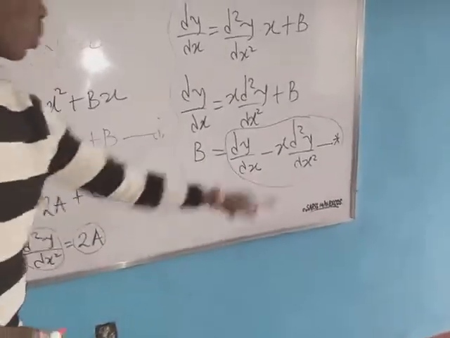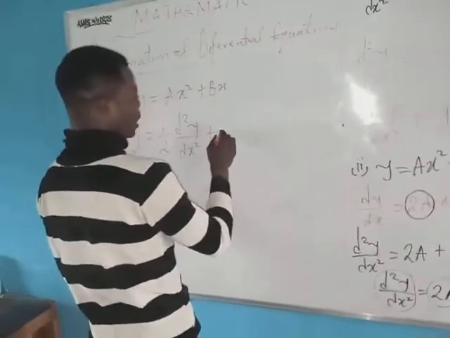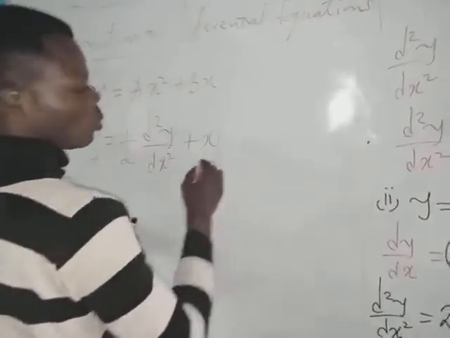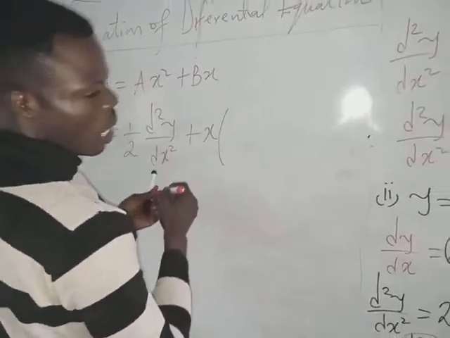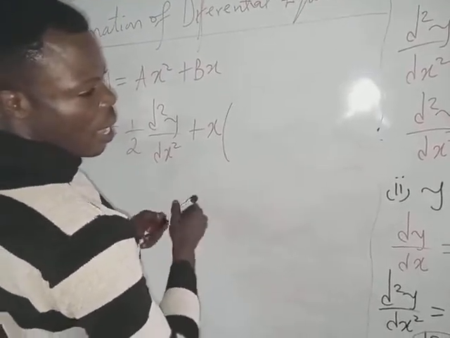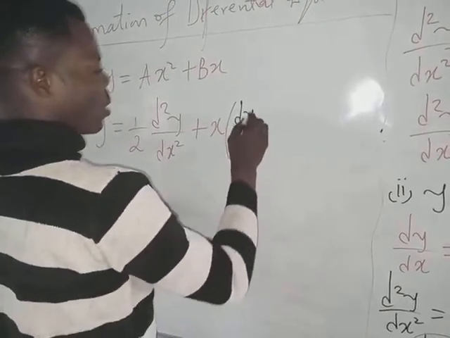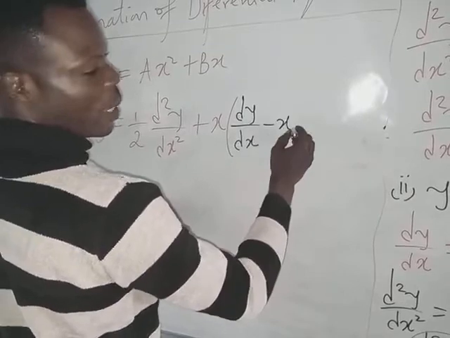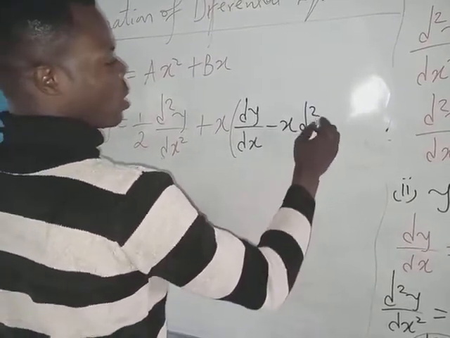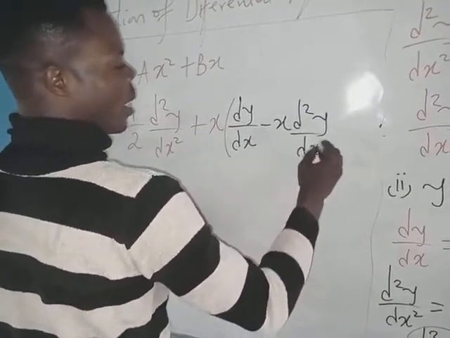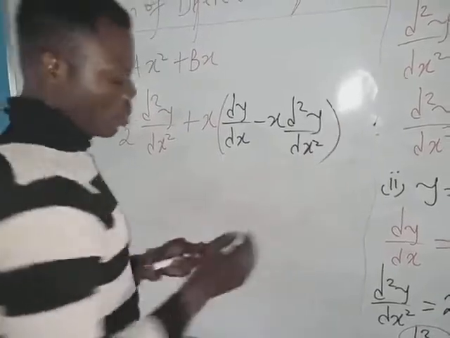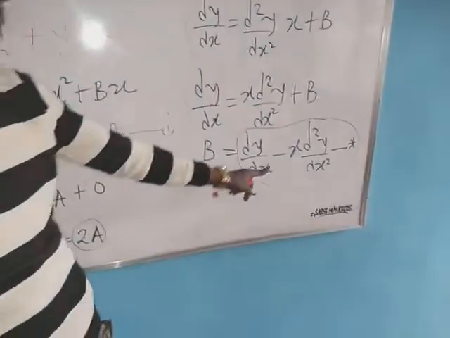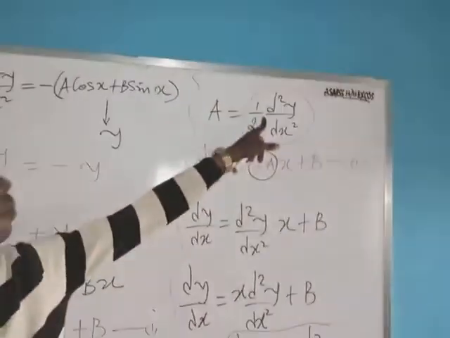What is our b? This is our b. So we are going to have x times b, and our b is dy by dx minus x d squared y by dx squared. So I'm copying directly from here and from here.